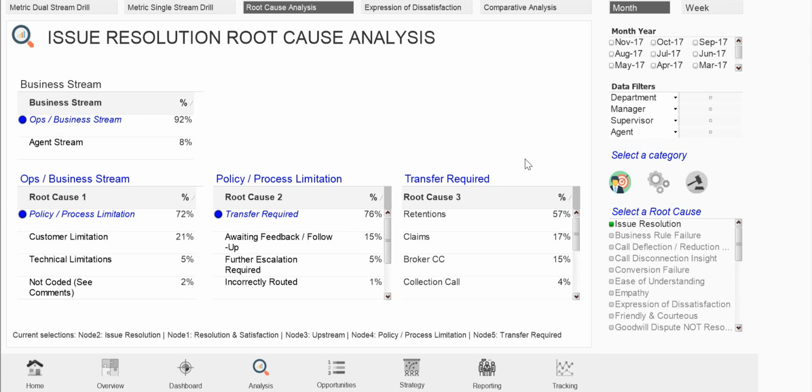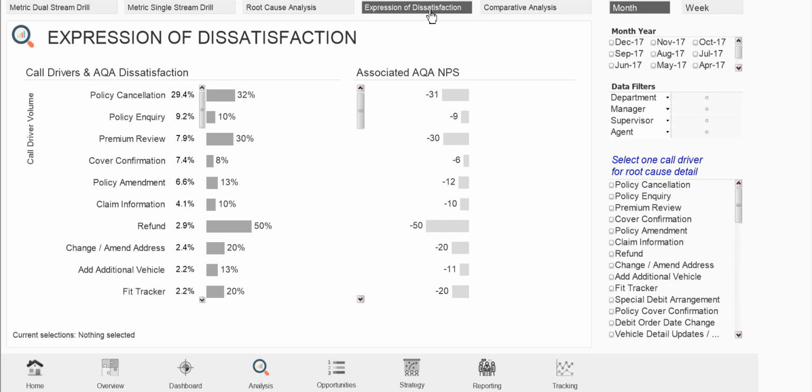As mentioned earlier, we also look at expression of dissatisfaction, which impacts voice of the customer. As you can see in front of you, the screen again indicates your top call drivers, the top 10, with the volume percentage and the associated expression of dissatisfaction. Hence, for 29% of policy cancellations, there was a 32% expression of dissatisfaction.